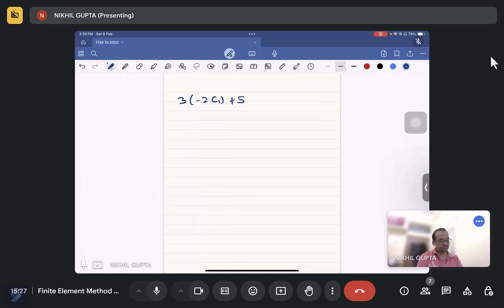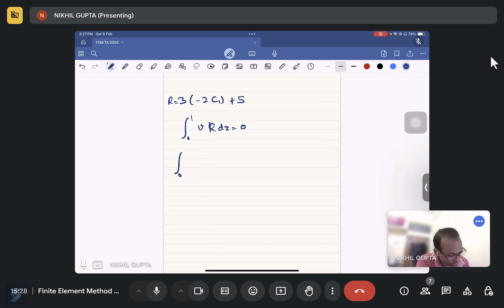So this is what we have done. Now, by the weighted method, you have to solve the integral of V R dx equal to 0.